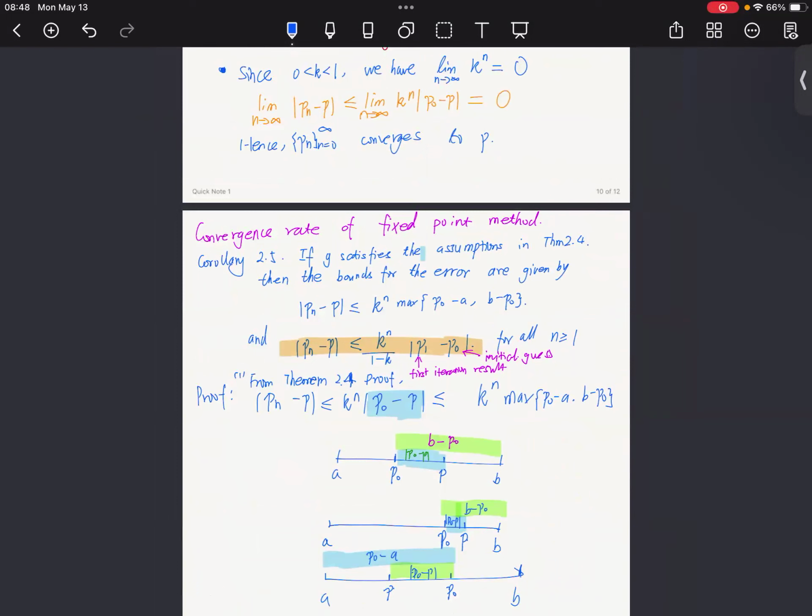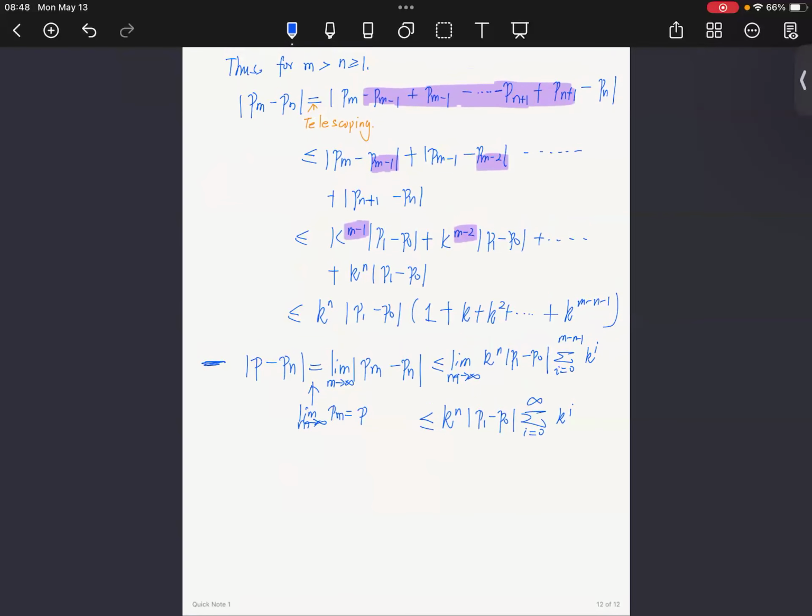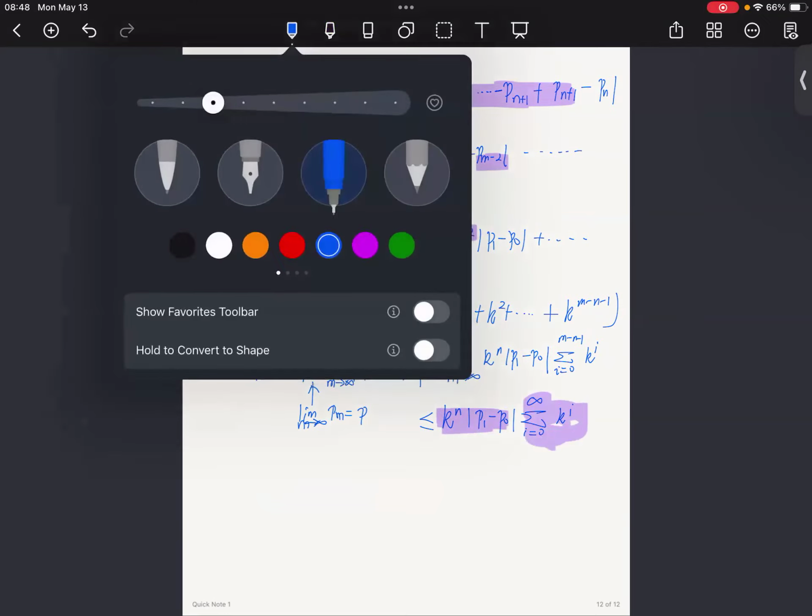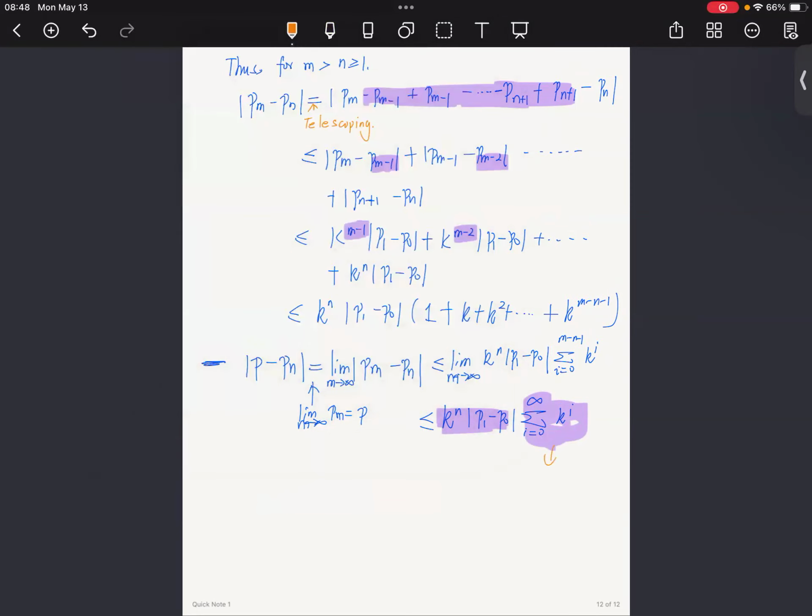This one is the k^n, and then the error here, divided by 1 minus k. If you compare what we already have, so we already got the things on the top, and then this one should equal 1 over 1 minus k. So if you compare to what we are going to prove, this should equal 1 over 1 minus k.